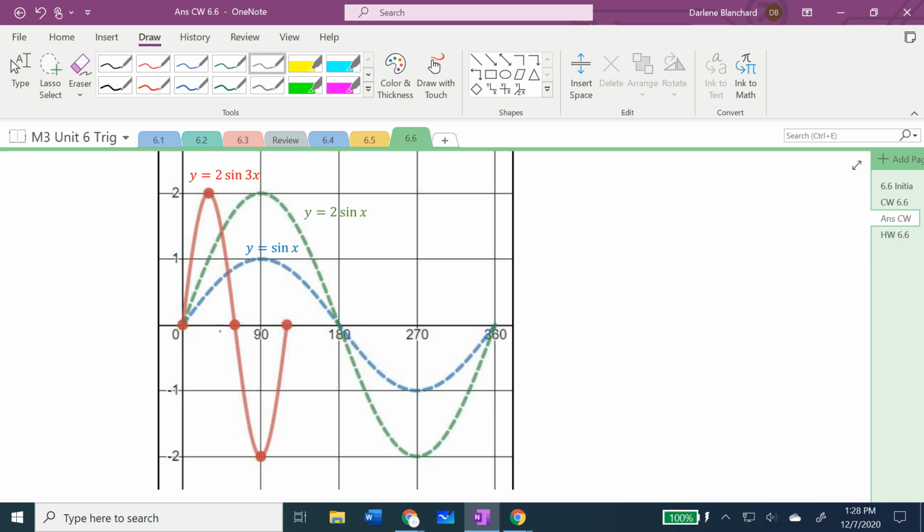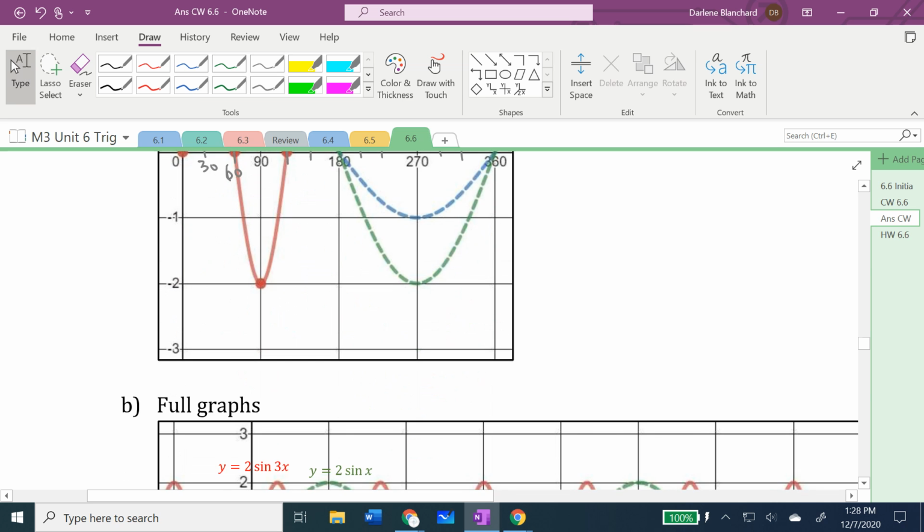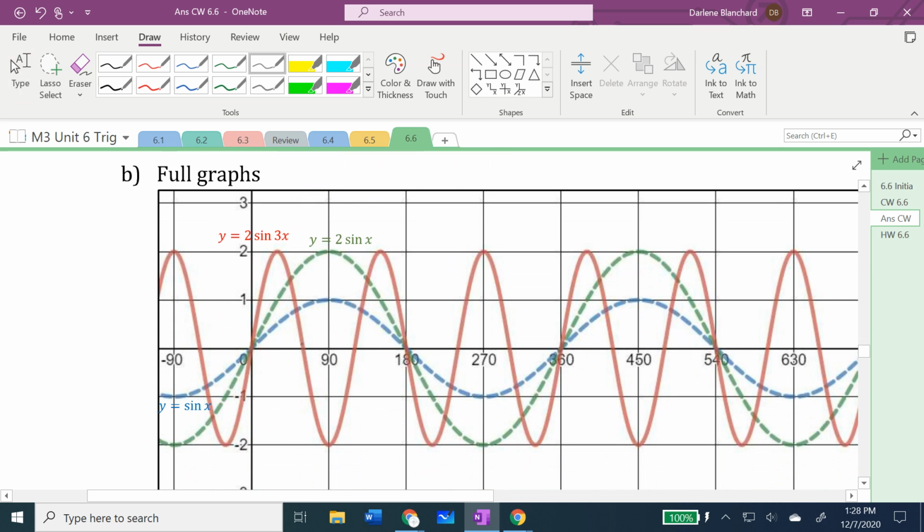If I were to put a little bit more on here, this is 30, 60, 90, plus another 30, and then it would keep going and just keep adding 30 over and over again. So it goes through 60, and then it goes through 120, and then it goes through 180, and there's a pattern to that.